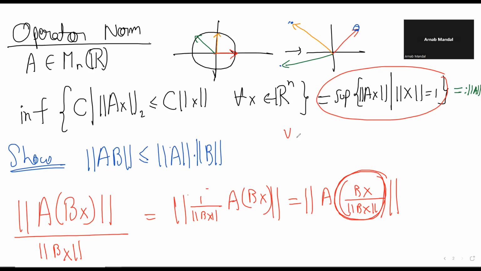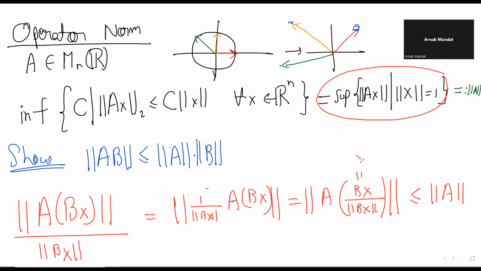Because the vector v, you know that, right? The typical norm one vector has norm one, and because it has norm one, this will be less than or equal to norm A by definition, because norm A is the supremum.